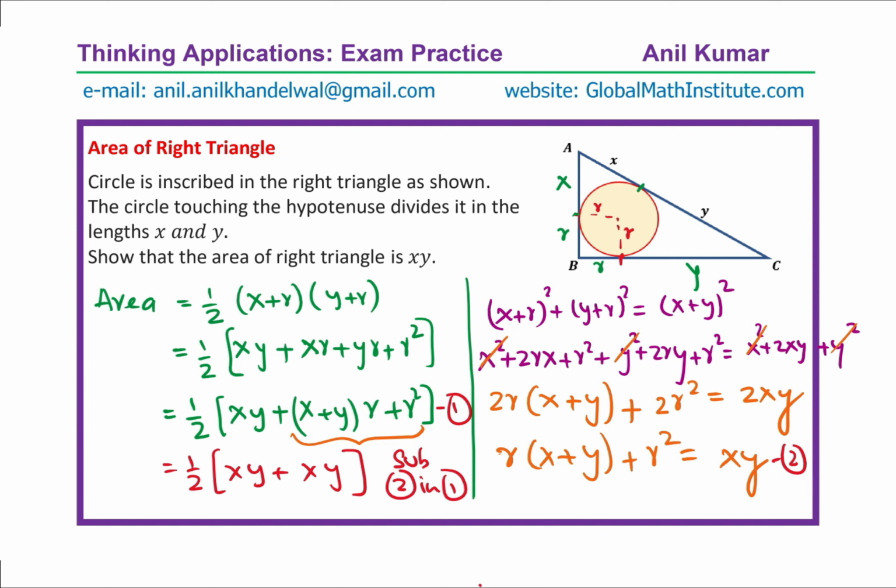Does it make sense? And clearly, this is 2xy, and divide by 2 will give us what? xy. And that is how we show that the area of this right triangle is indeed xy. Perfect. So I hope it makes sense.